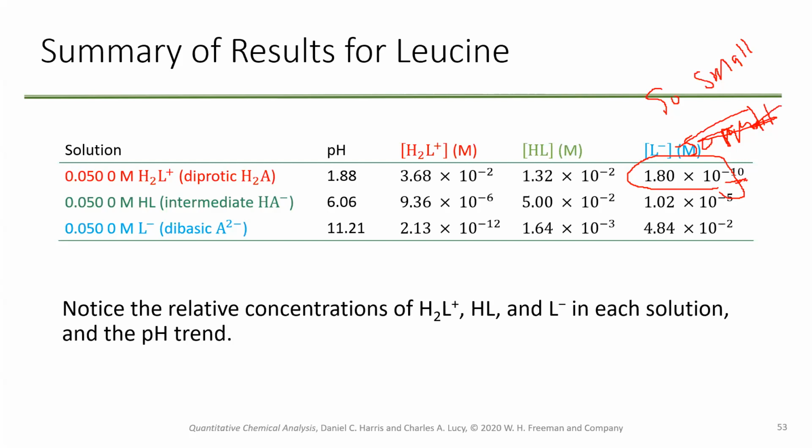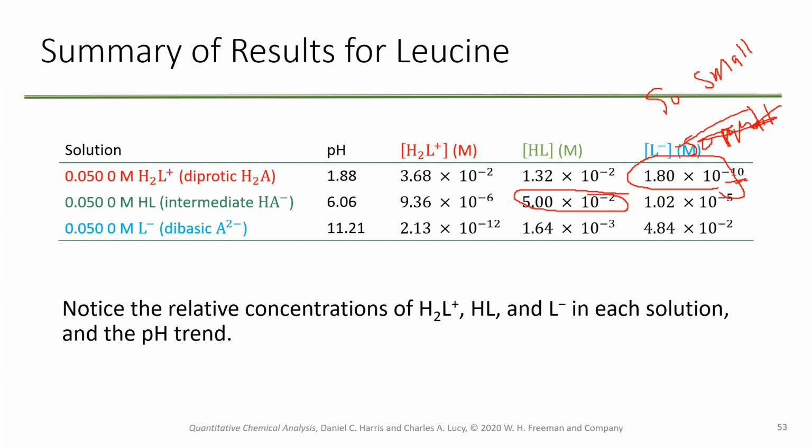You have some, it's not 0, but it's 8 orders of magnitude, 10 million times less. If you start off with your fully deprotonated form, it's mostly in your fully deprotonated form, and you have very, very little of the other. If you're starting off in the middle, in your intermediate form, you have some of both, but it's still mostly staying in whatever form you left it in.